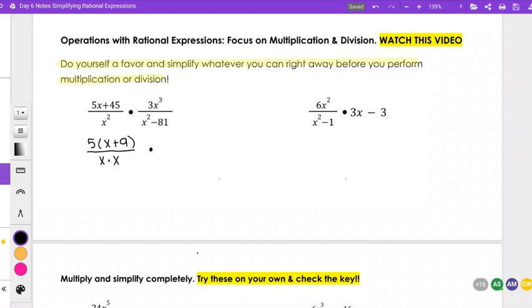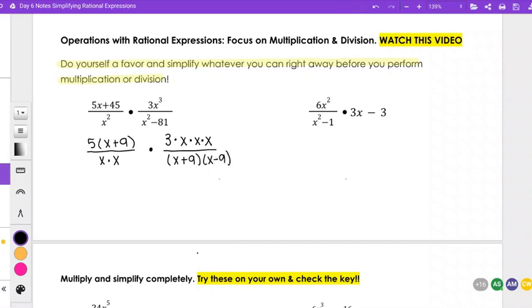And then we are multiplying that all by 3x cubed, which we can break up into 3 times x times x times x, all over x squared minus 81, which is the difference of two perfect squares, x plus 9, x minus 9.